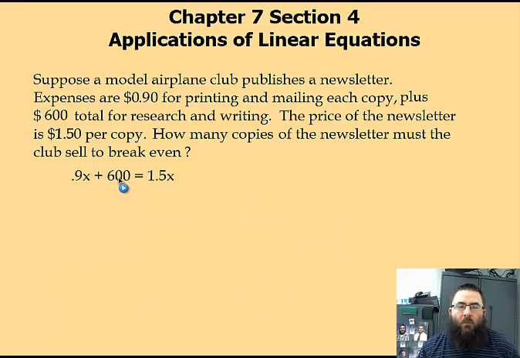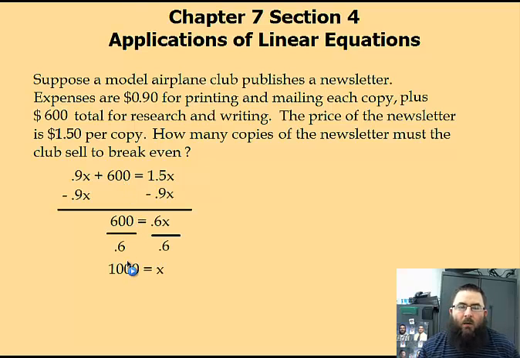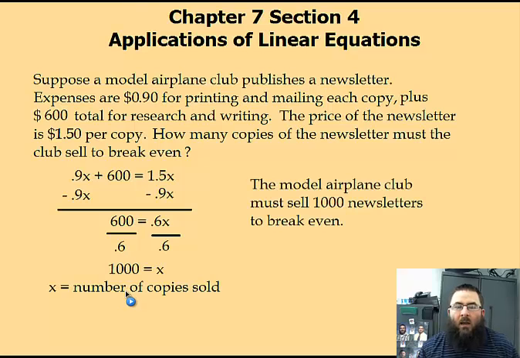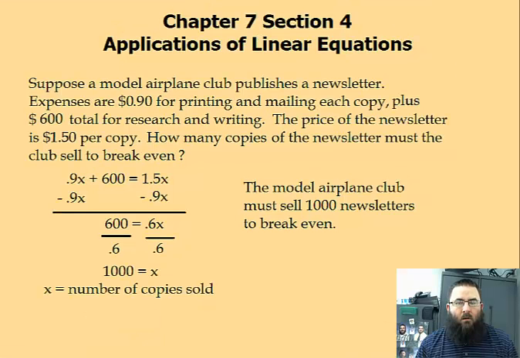With the solution being set up already, working through that very quickly, you end up with x equals 1,000. Well, what did x represent again? It was the number of copies sold, not how much money was made. And so the model airplane club must sell 1,000 newsletters to break even.